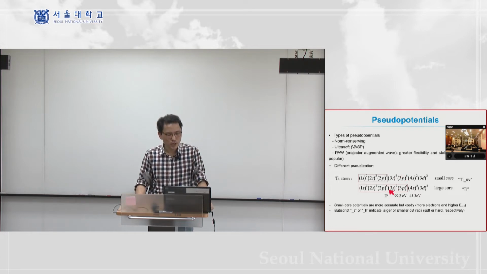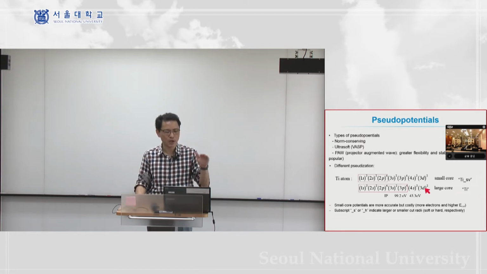But you can also put these 3s and 3p orbitals into the core electrons and entirely ignore them in the calculations, and adopt only 4s and 3d as the valence electrons. In this case the computation is much more efficient, but less accurate than the first pseudization.